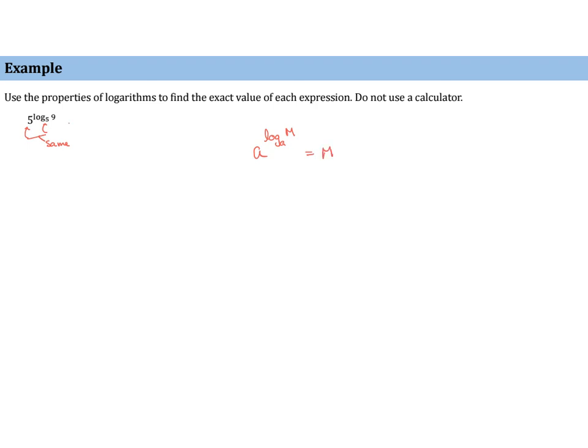So what's this? This is going to be 9, because this logarithm is the exponent that makes 5 become 9. So if I put it on 5, it'll make it become 9.